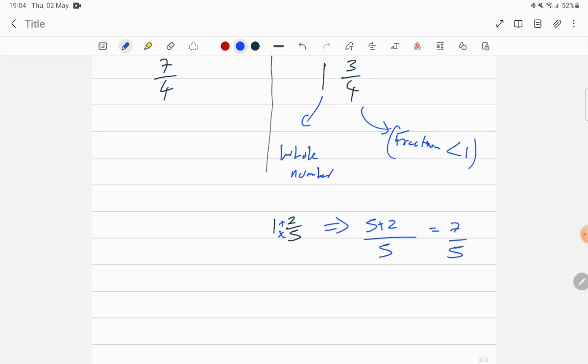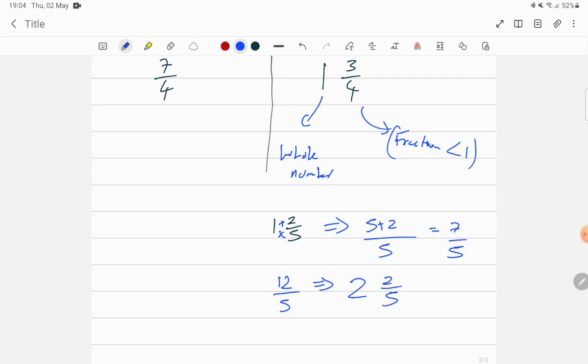And likewise, if you were to go back, for example, let's use 12 over 5. You would see how many times the denominator goes into the numerator. So that would be 5 going into 12 2 times, and that's your whole number. And then the balance, which is 2, would just be 2 over 5.